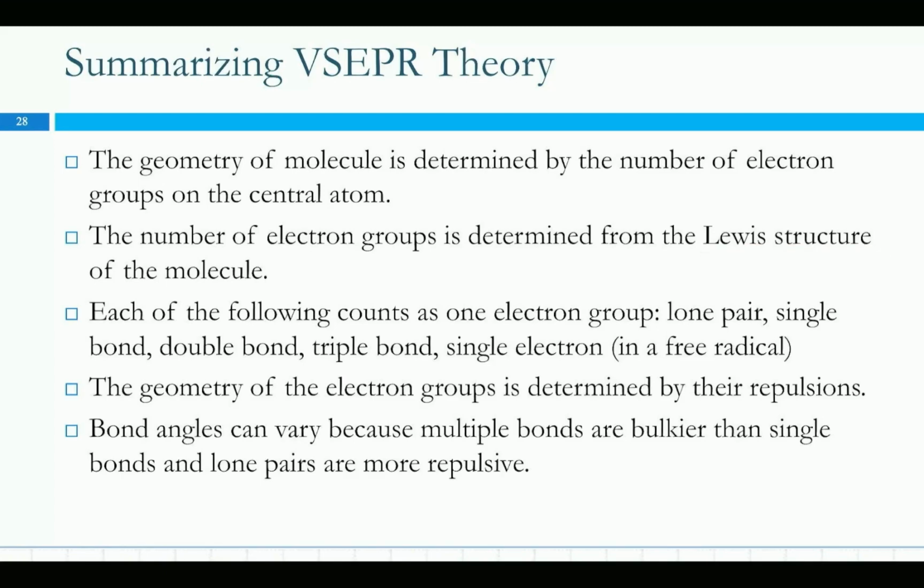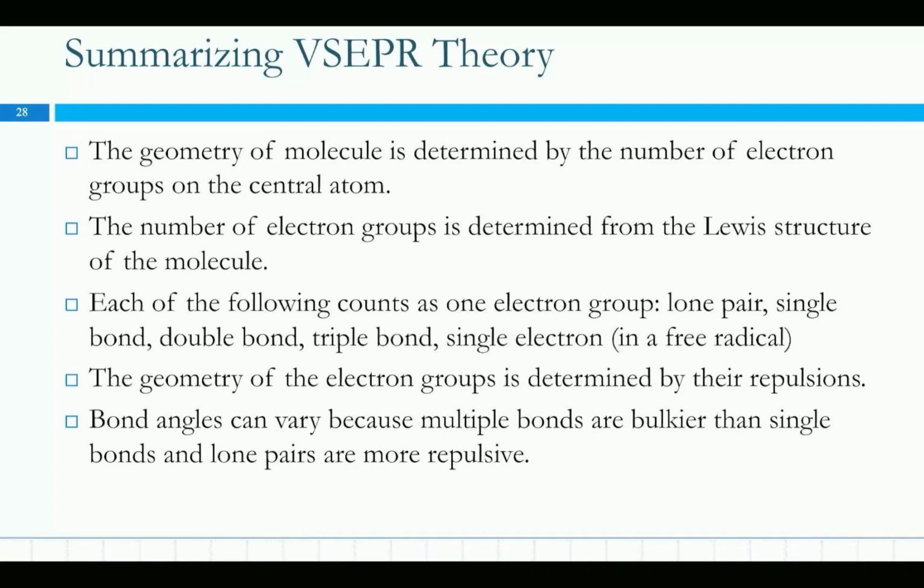So this is why it's important to get the correct number of bonds or lone pairs on the central atom, because that can drastically change the shape. And then bond angles can vary because multiple bonds or lone pairs are either bulkier, take up more space, or they're more repulsive. And so we want to minimize those repulsions, and so they get a little more space.